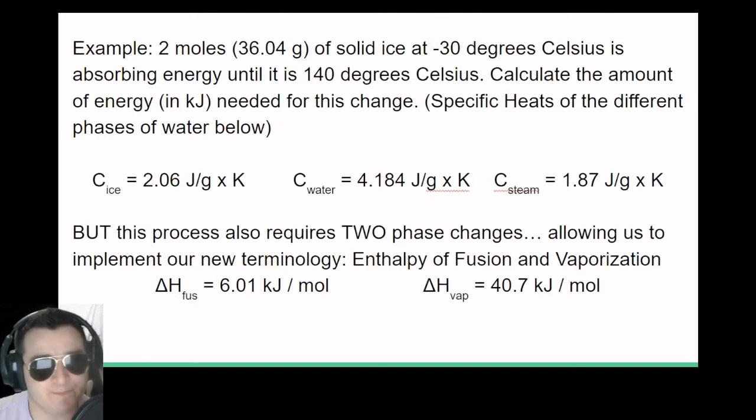Well, let's get a question here. 2 moles of water at negative 30 degrees Celsius is absorbing energy until it is 140 degrees Celsius. My oh my. Calculate the amount of energy in kilojoules needed for this change. Did you know that substances can have different specific heats depending on the state of matter that they currently are?